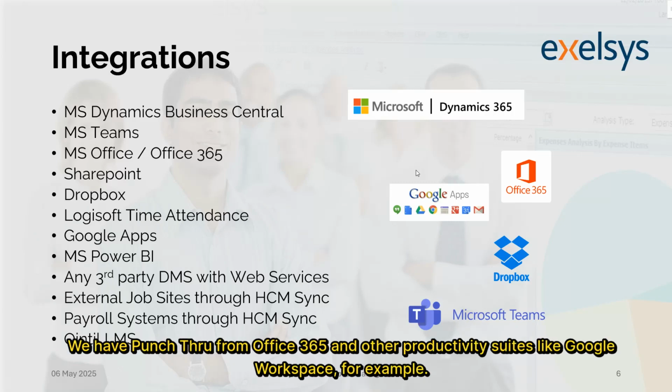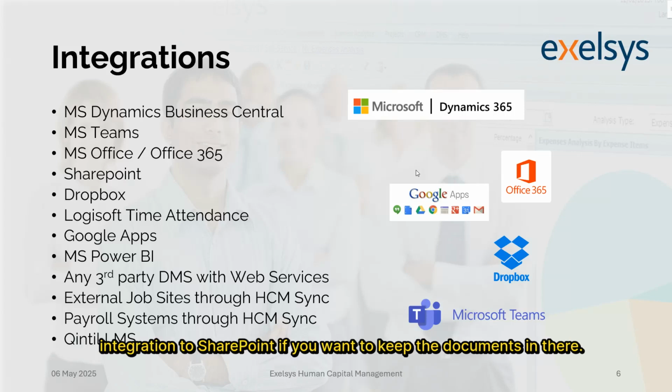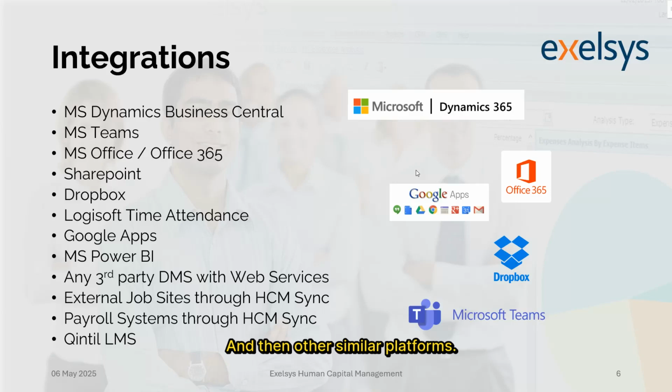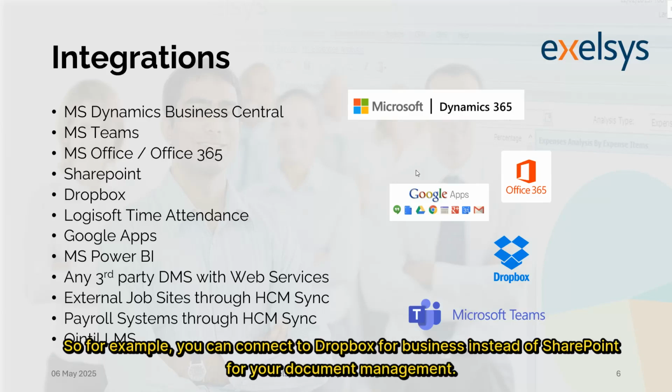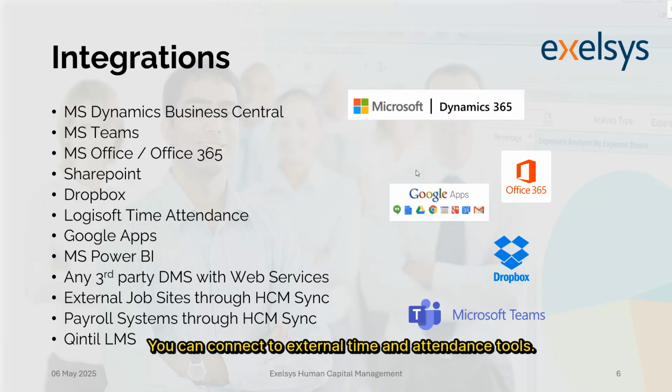We have punch through from Office 365 and other productivity suites like Google Workspace, for example, integration to SharePoint if you want to keep the documents in there, and then other similar platforms. So, for example, you can connect to Dropbox for business instead of SharePoint for your document management. You can connect to external time and attendance tools.